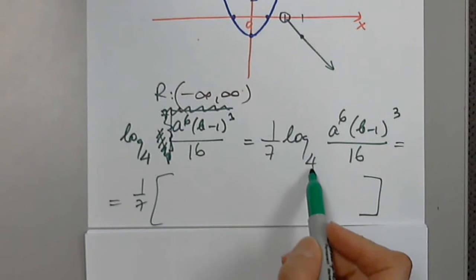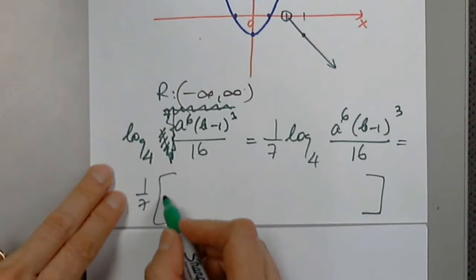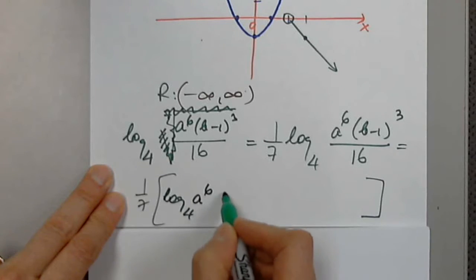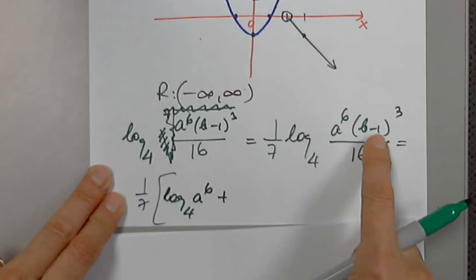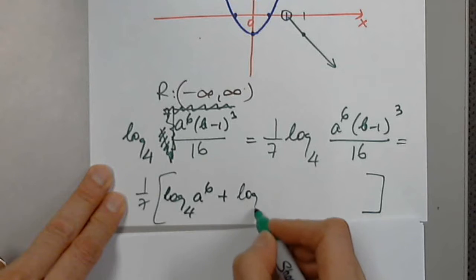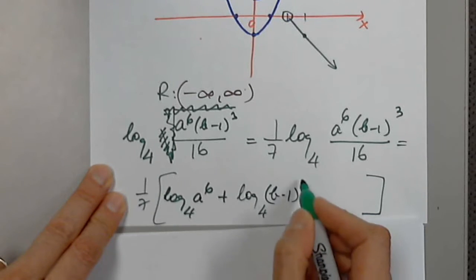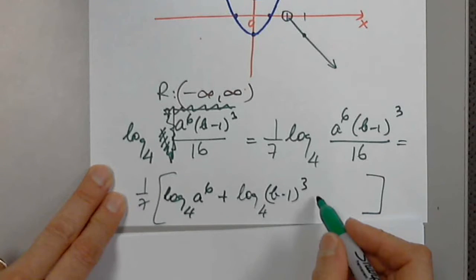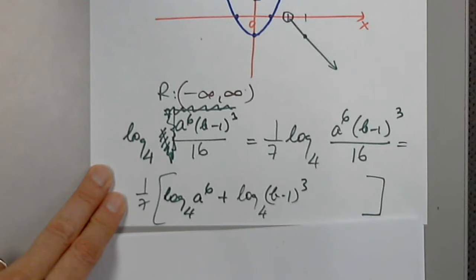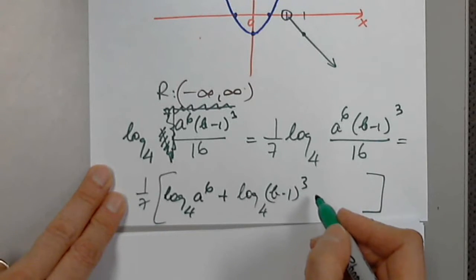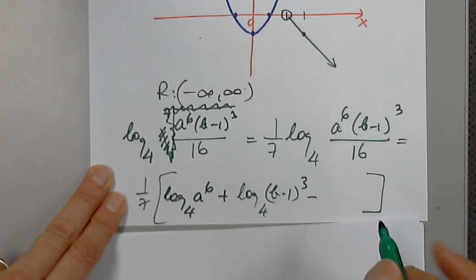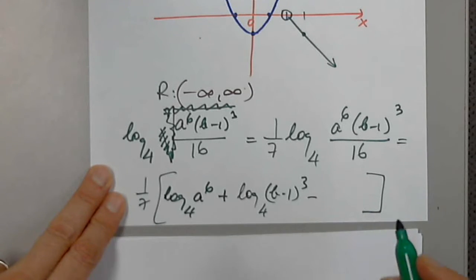So now log base 4 of this plus, because I'm looking at b minus 1 to the 3rd, log base 4 of b minus 1 to the third, but now I reached 16. 16 is in the denominator. What did we put in front? Minus. Correct. No, log.